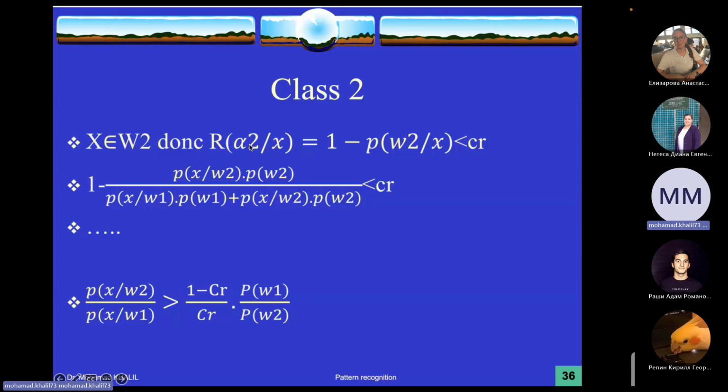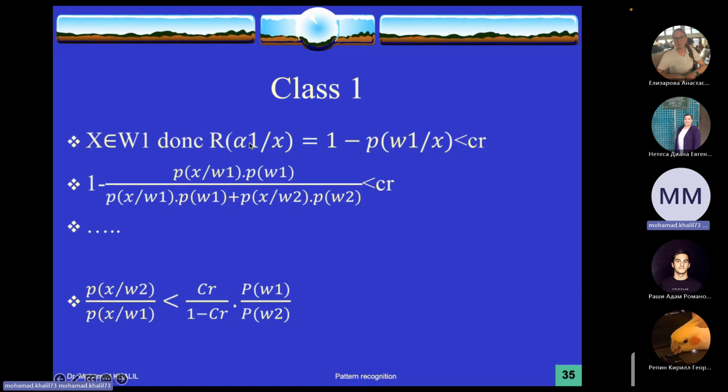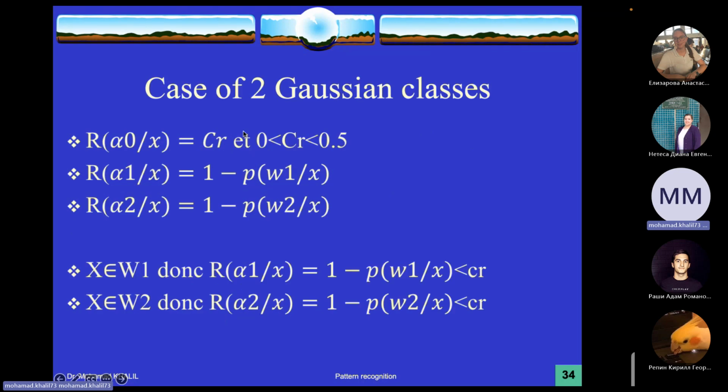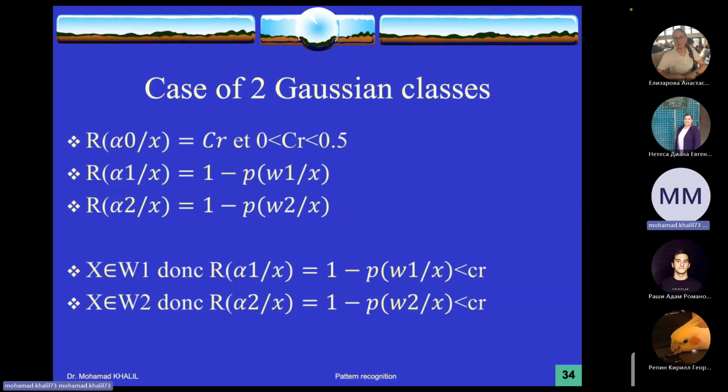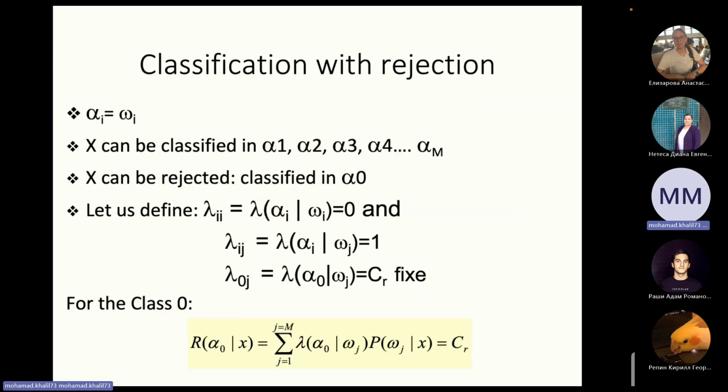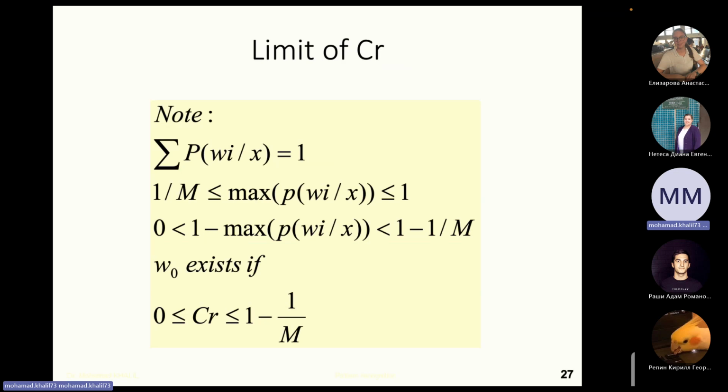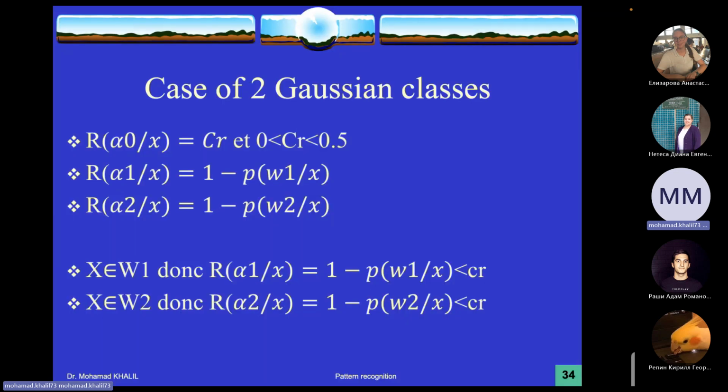Okay, I will start. Remember, before I demonstrated that if you have different classes, you have to calculate R alpha 0 over X, R alpha 1 over X, R alpha 2 over X, and X will belong to the minimum of R. What is R alpha 0 over X, which is the cost?